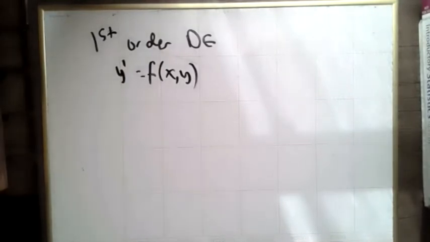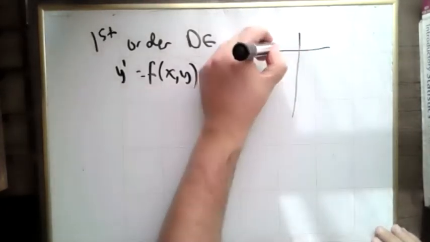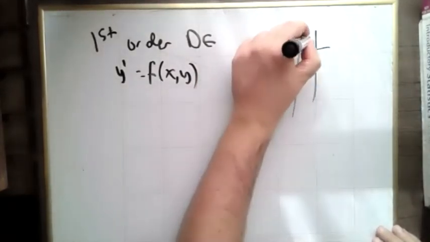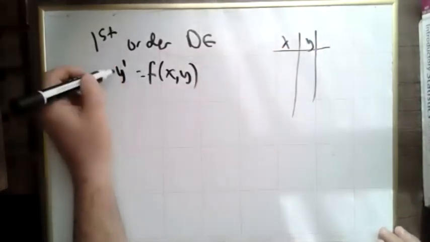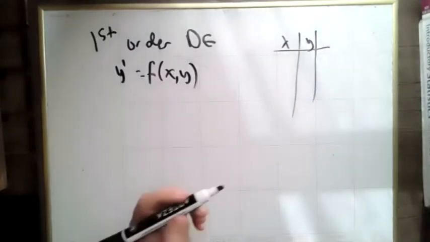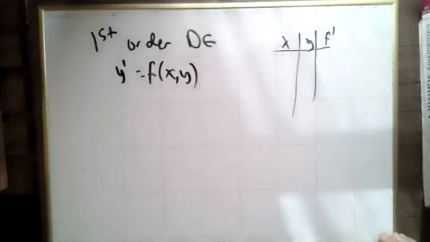Then we're just going to plot out in the xy plane. We're going to make up a whole bunch of points, x and y, and then we're going to plot the slope at that point because that's what y prime is. Y prime is the slope. So we're going to plot f prime at that point.